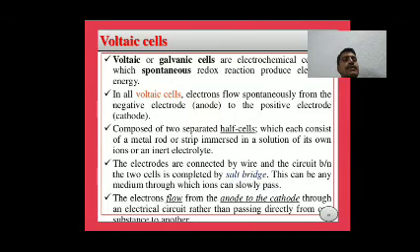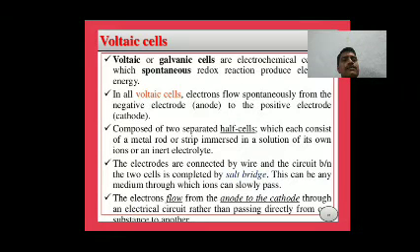Each half cell consists of a metal rod or strip immersed in a solution of its own ions or an inert electrolyte.